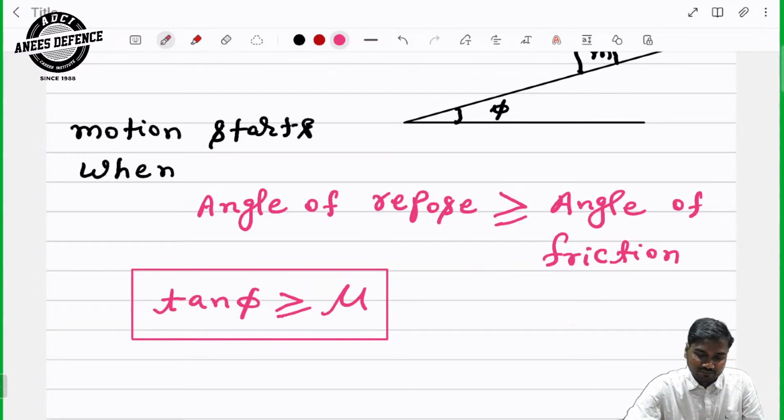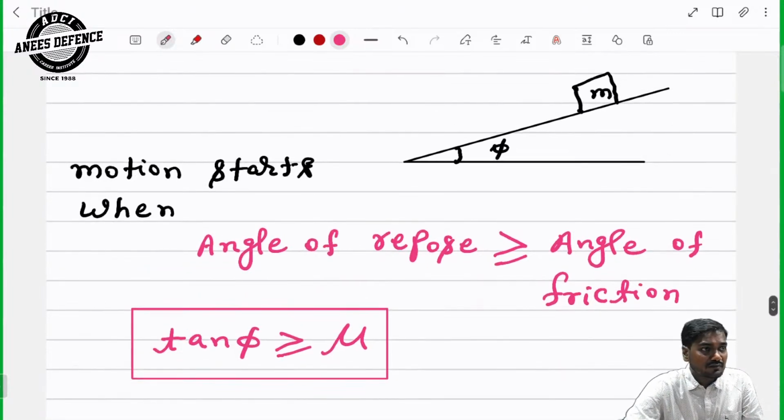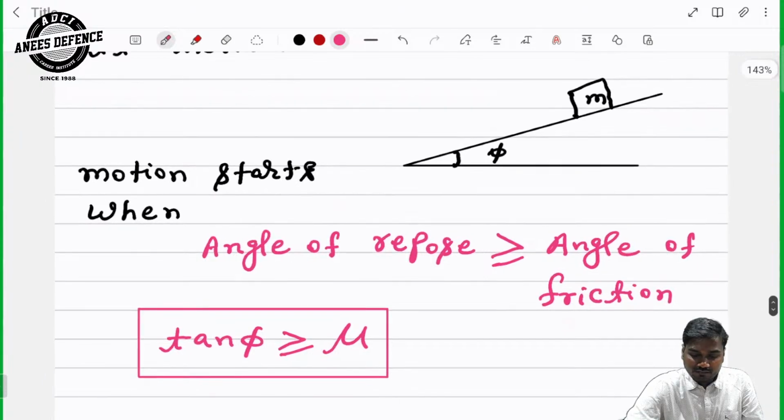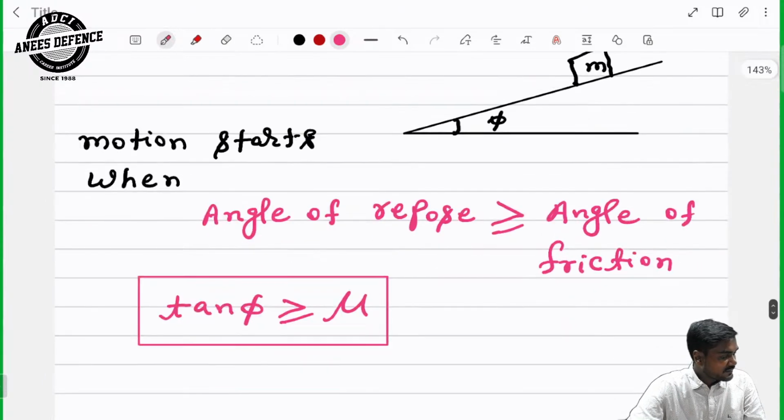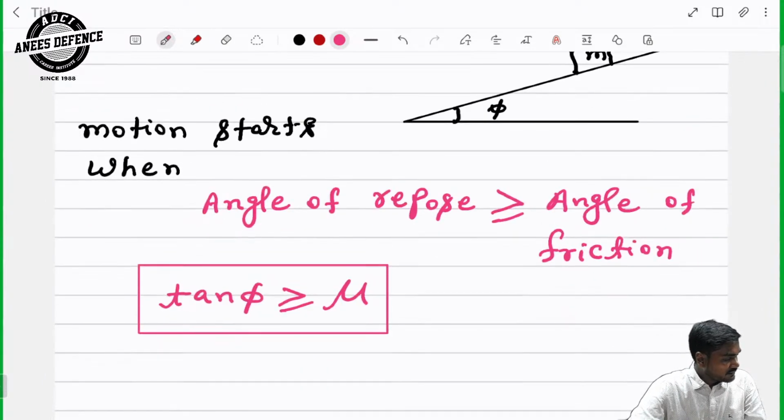Next. Completed. Next. Acceleration of a body down a rough inclined plane.